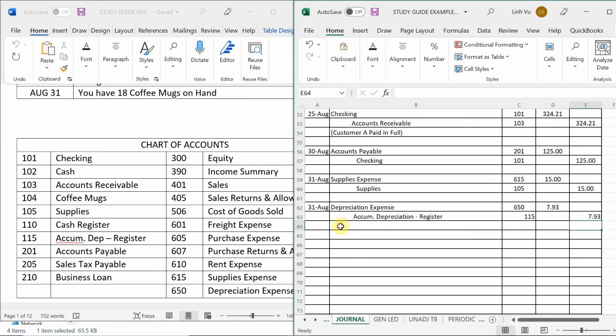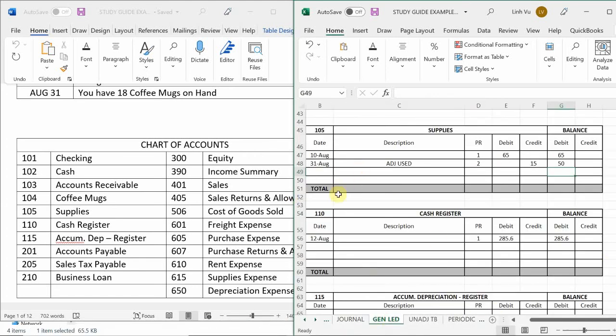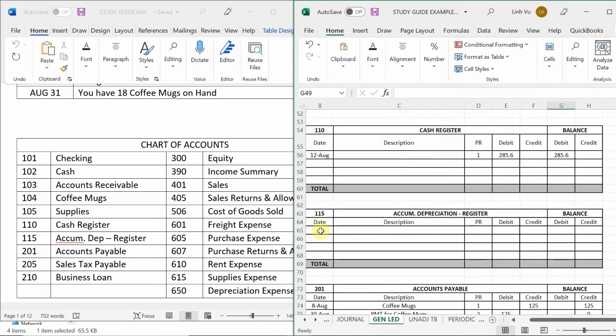Okay. And then you can write here, adjust for August for $7.93. I'm going to plug that into my ledger now. For $7.93.